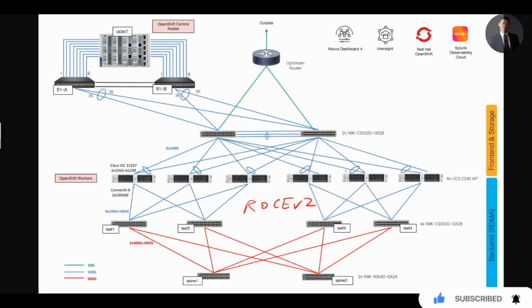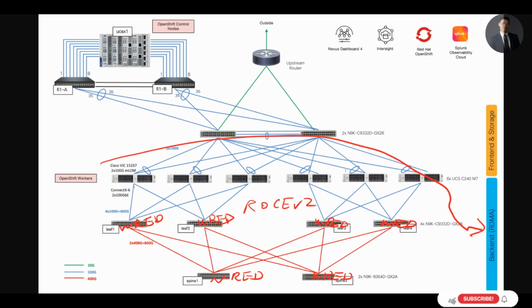These remain enabled, all right? Just to let you know, here is my backend. This WRED will be enabled for a small buffer to simulate the congestion.